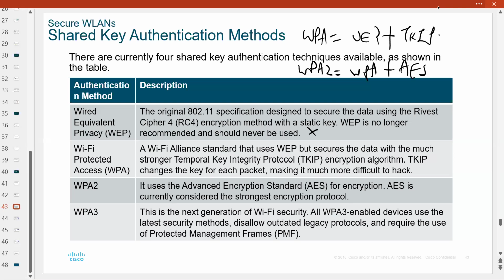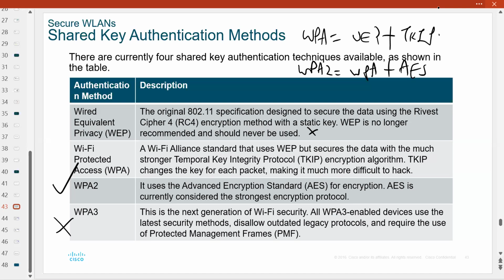With WPA3, this is the next generation Wi-Fi security. All enabled devices use the latest security methods, disallow outdated legacy protocols, and require the use of protected management frames. This one, personally, I'm not familiar with. I know of these ones.